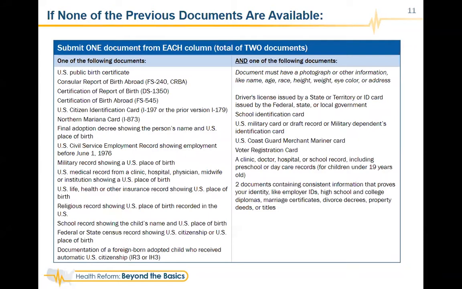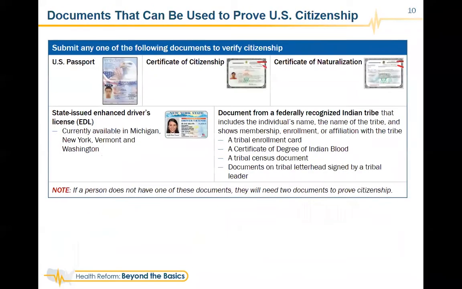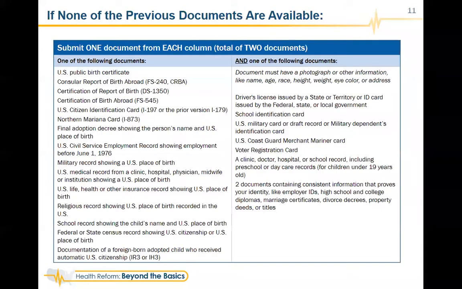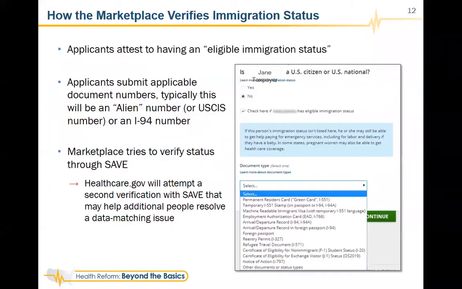You've got to prove both citizenship and identity to be able to accomplish the task of proving your citizenship. So if you have one of these documents that are on this slide, that's enough. You've done both proving your identity and your citizenship. You'll notice that most of these have pictures on them, and that's part of the trick here. And then here, you would have to do one from the left-hand side and one from the right-hand side.